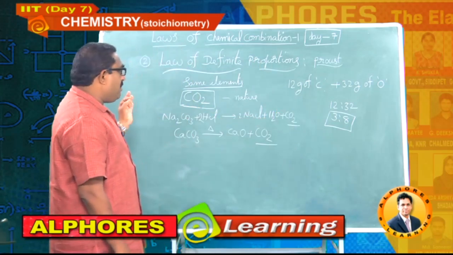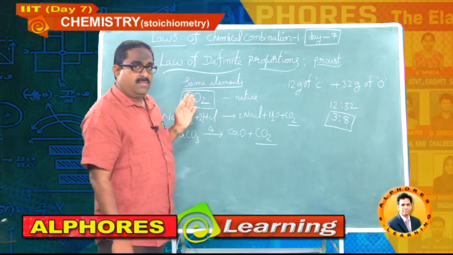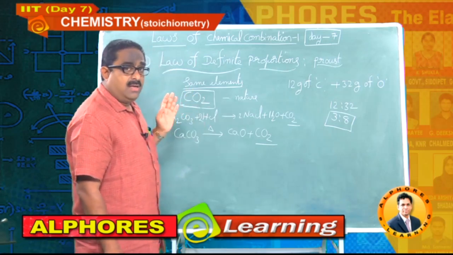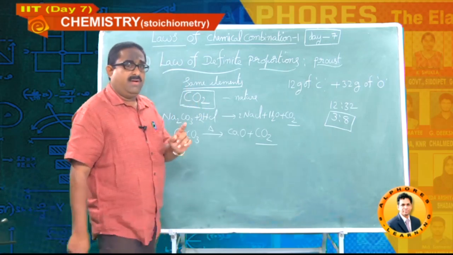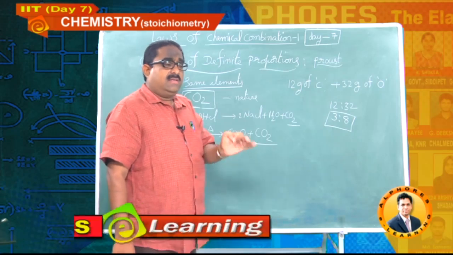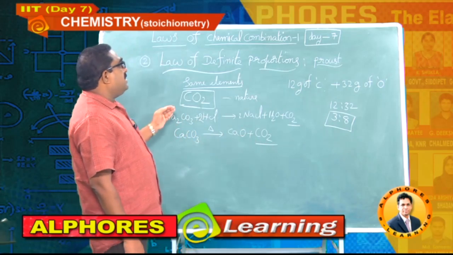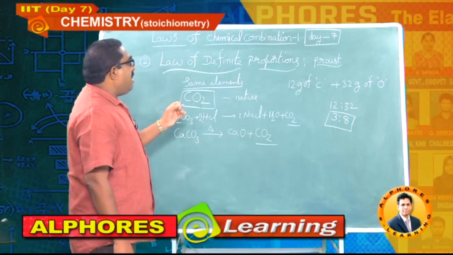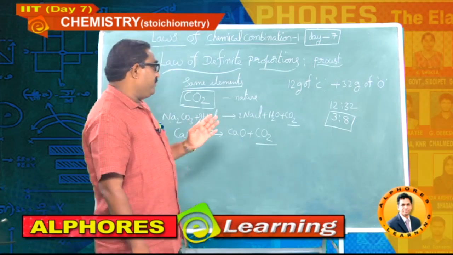Not only for carbon dioxide, for any chemical, the mass composition of the respective elements in that particular chemical is always the same, that is constant. That is the exact meaning of this law of definite or constant proportions.